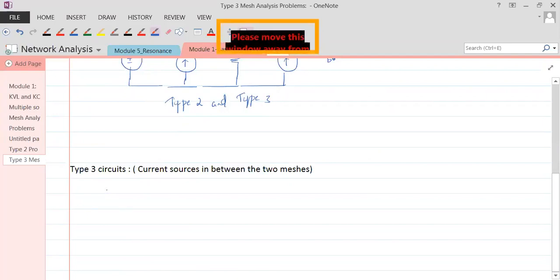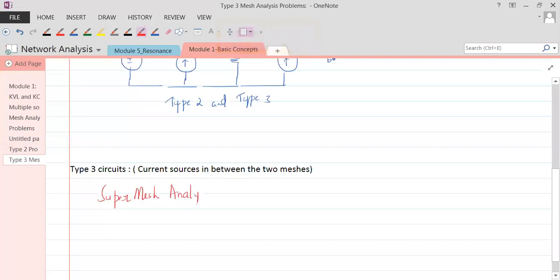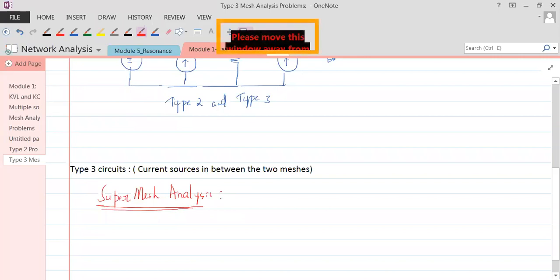What we are doing is super mesh analysis. I'll tell you why it is called super mesh. So what we are doing is super mesh analysis. Fine. So where would the super mesh analysis come? It would come only in type 3 circuits.